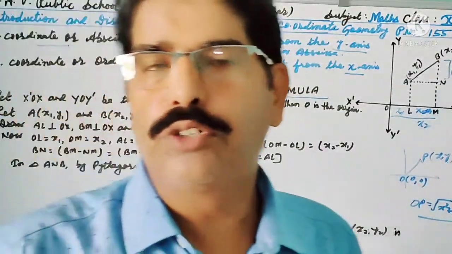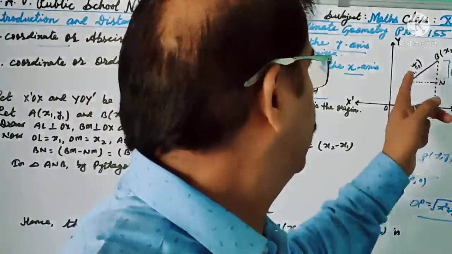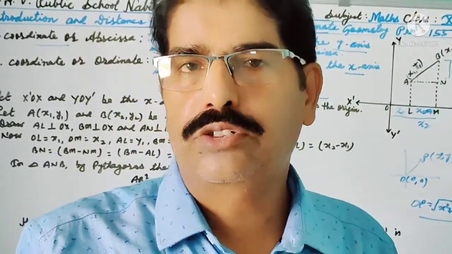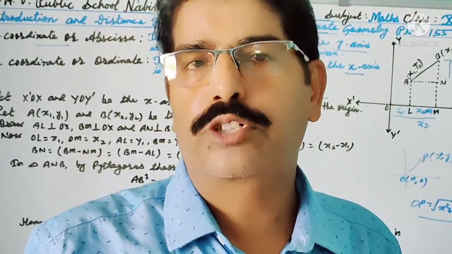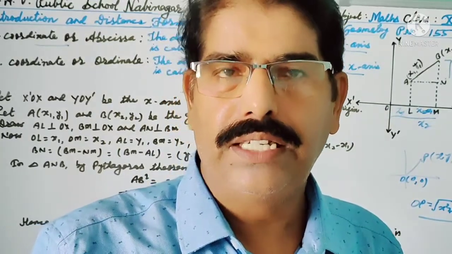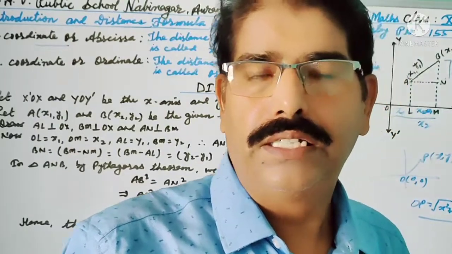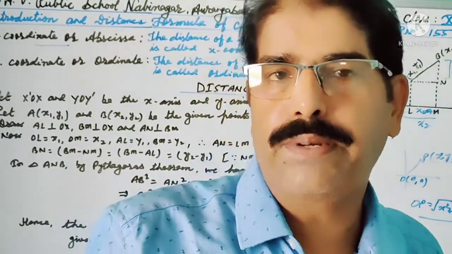So the distance between 2 points whose coordinates are x1, y1 and x2, y2 is under root (x2 minus x1) square plus (y2 minus y1) square. Now see one example related to the distance formula.